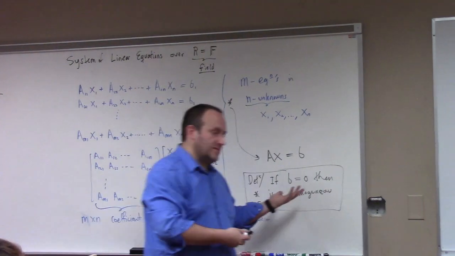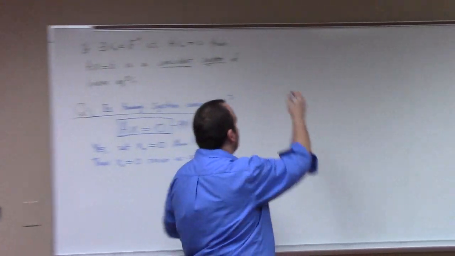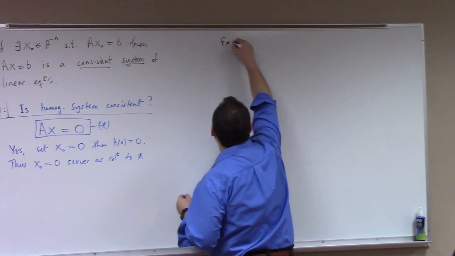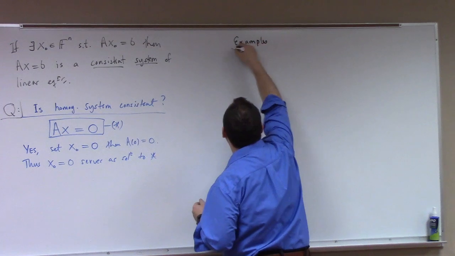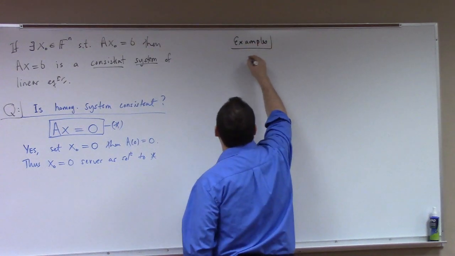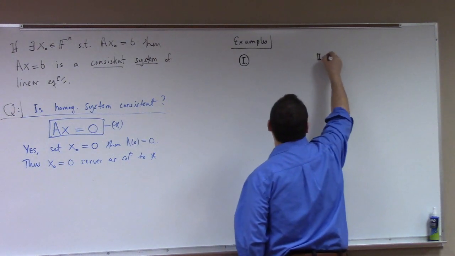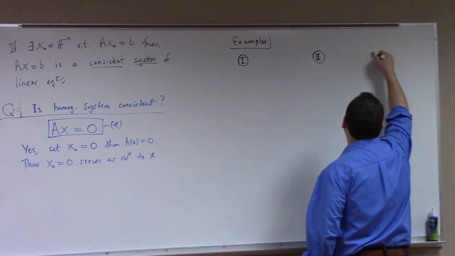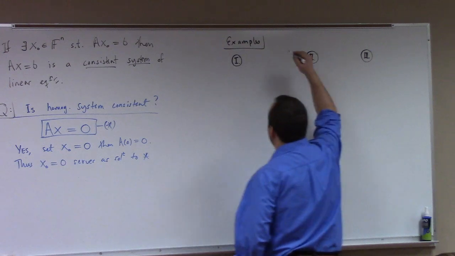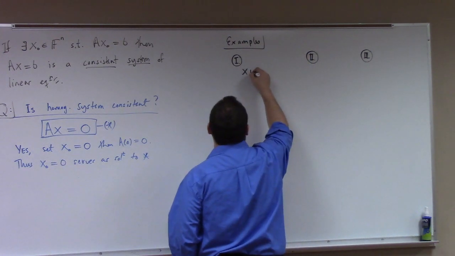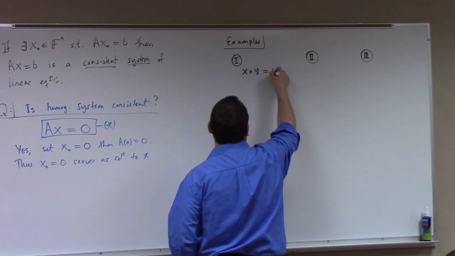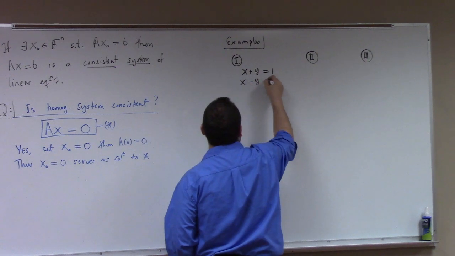Let's look at some examples. So I'll do 3 examples here. Example 1, I'll do x plus y equals 1 and x minus y equals 1.